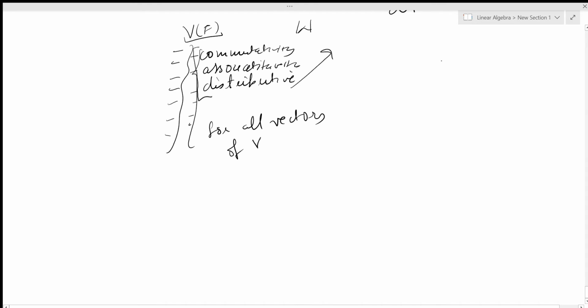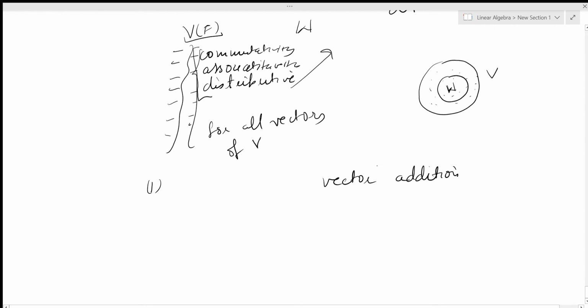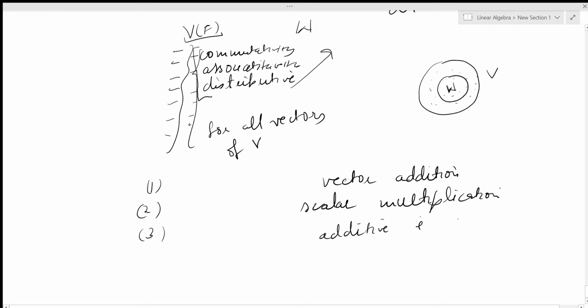Like if this is your V, then this is your W, a subset of V. So if the properties satisfy for all the elements of V, that means this is true for W also. So we are left with only 4 properties: first vector addition, second scalar multiplication, third additive identity, and fourth additive inverse.